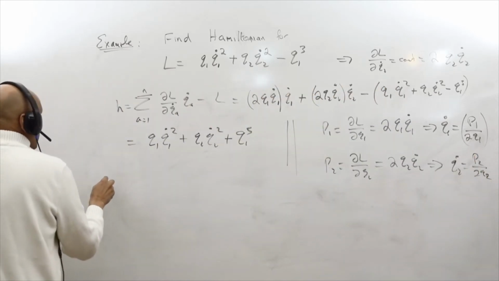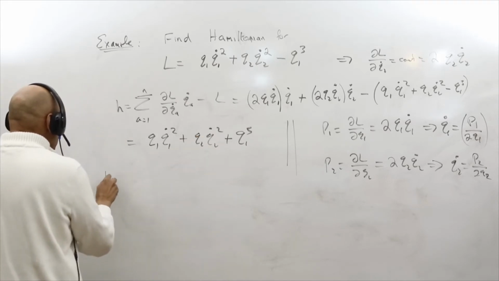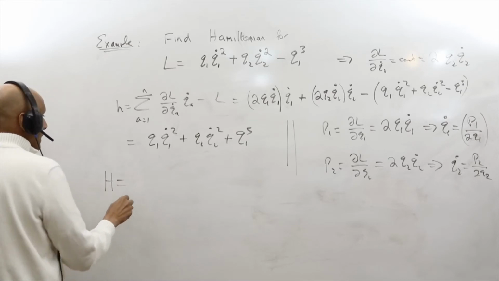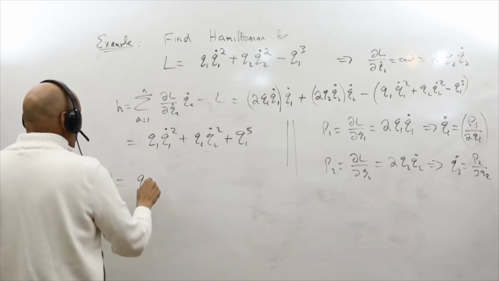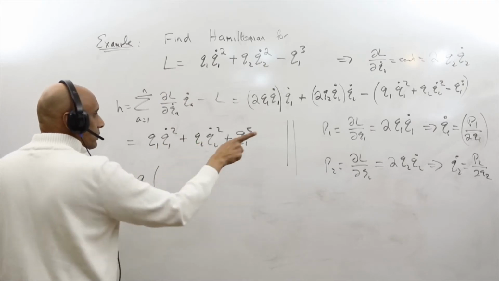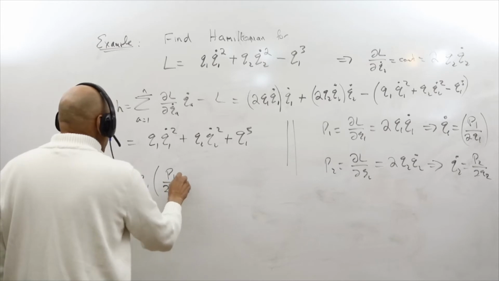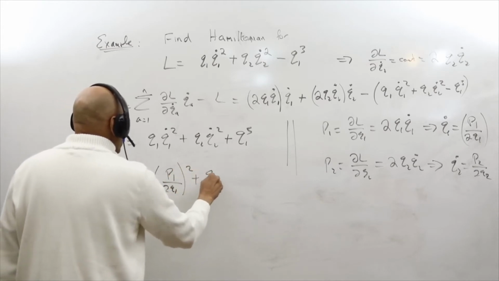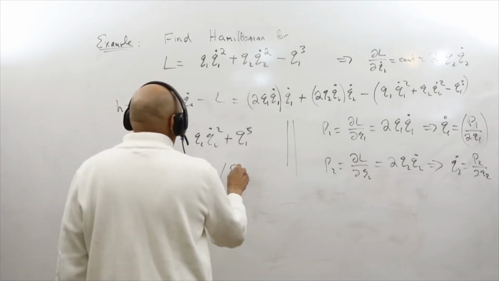So we can write the Hamiltonian. It's basically the H function with the substitutions of P's and Q's, and so the Hamiltonian H is really Q1 times Q1 dot, which is P1 over 2 squared, plus Q2 dot is basically P2 over 2 squared.